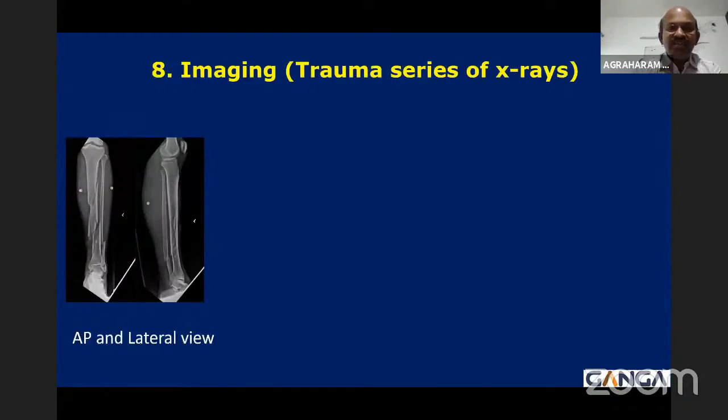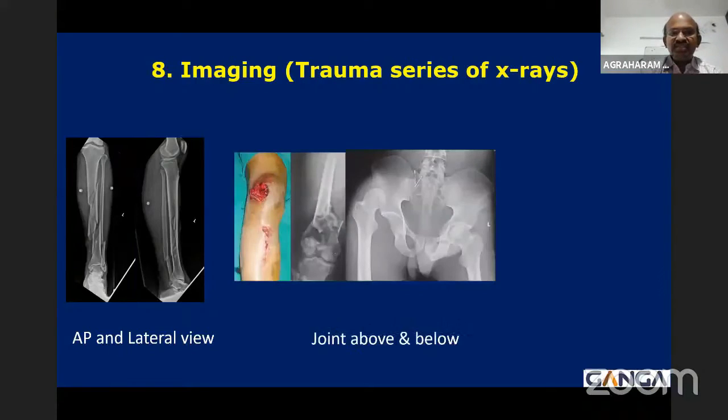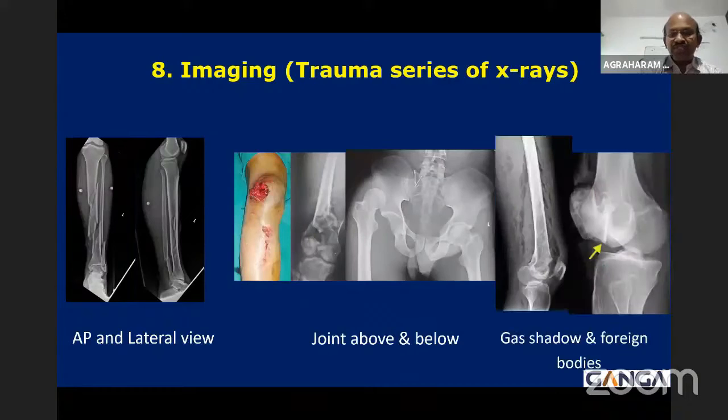One more important thing after giving antibiotics is that we need to look at taking the x-rays of the limb which has got injured, and then look at other systems where any other injuries are there, and we need to consider taking the trauma series of x-rays. Here, the limb completely has to be included with the above and below joints, where a dislocation can be missed sometimes.